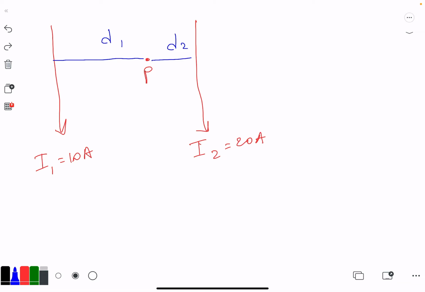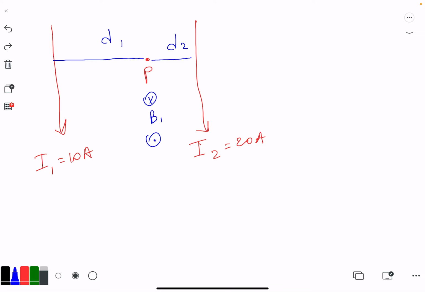Okay, again, using the right hand rule, we know that the magnetic field coming from current 1 at point P will be into the page, so I call it B1. And the magnetic field coming from current 2 will be out of the page.